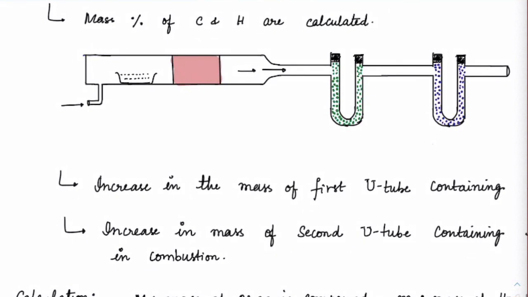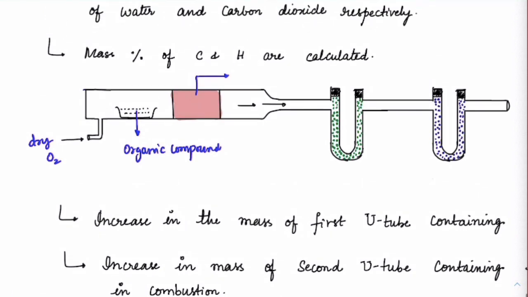Check out carefully. What we are doing, we are adding some dry oxygen, and here we have the organic compound, and this is the hot furnace. This red color is a hot furnace, with cupric oxide in it.